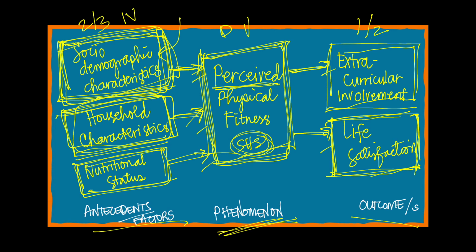But in the context of the relationship of perceived physical fitness to extracurricular involvement and perceived physical fitness with life satisfaction, this now becomes our IV, the perceived physical fitness, and the outcome measures are now your dependent variable.